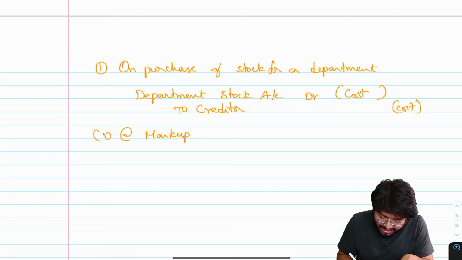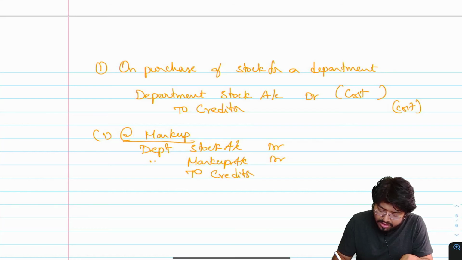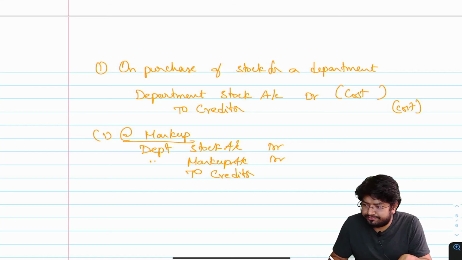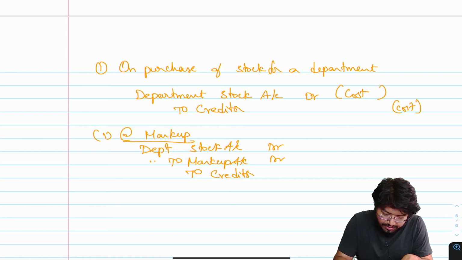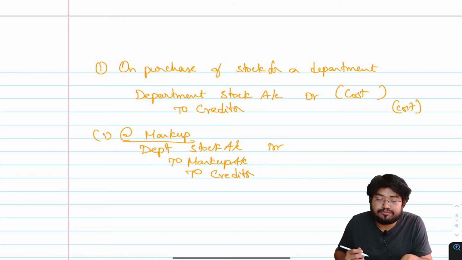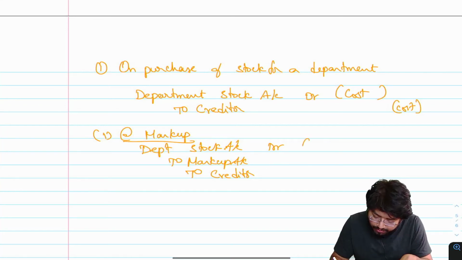I would write the entry like this: department stock account debit, to department markup account, not debit, and to creditor. So the department stock account would be at marked price.